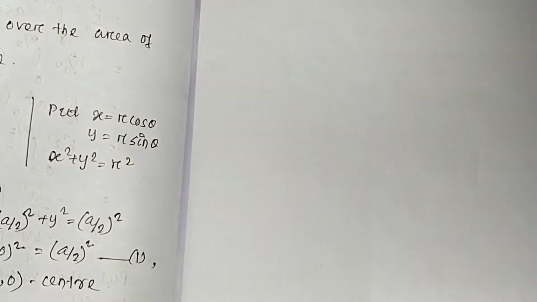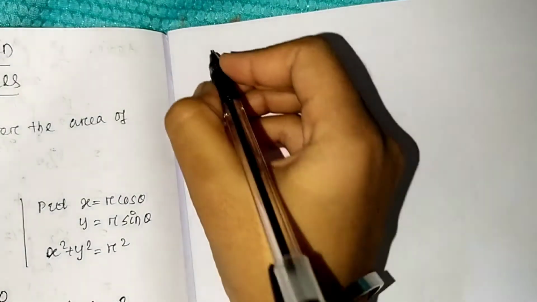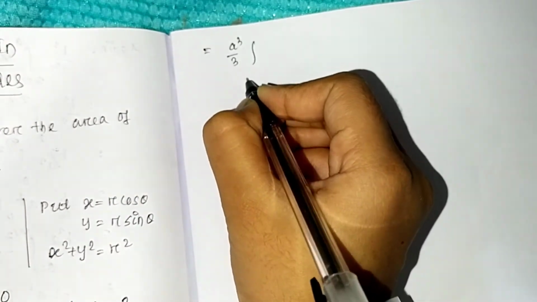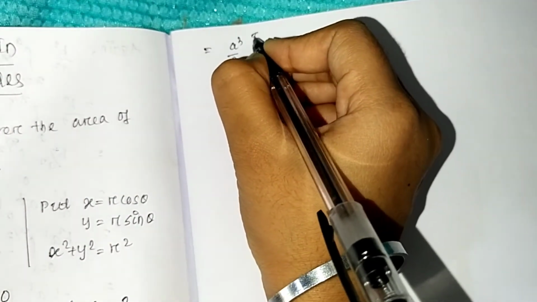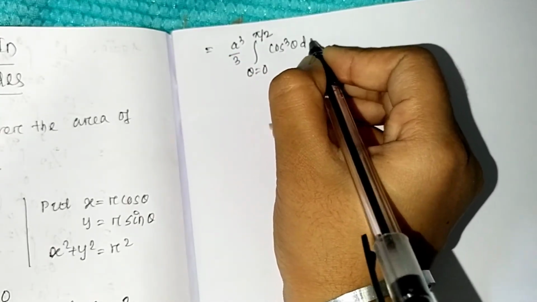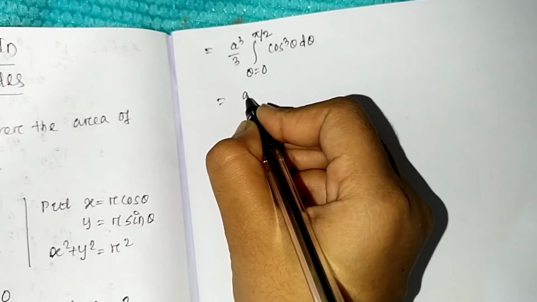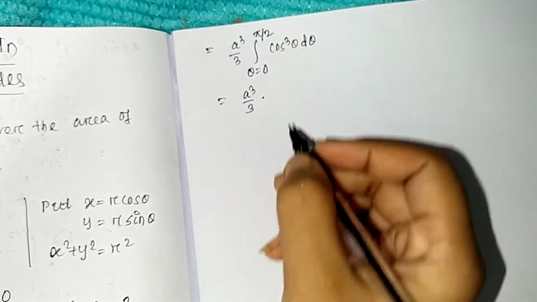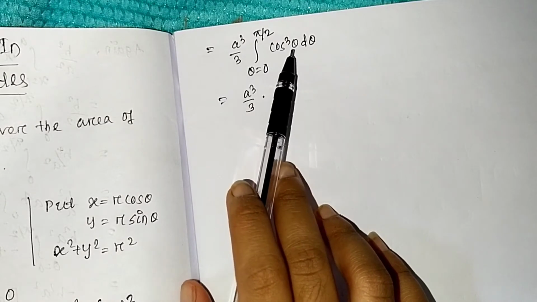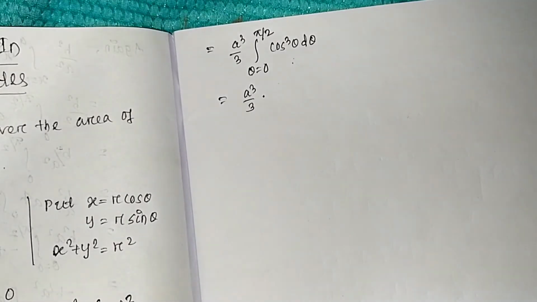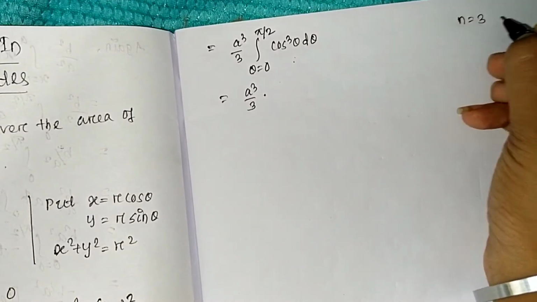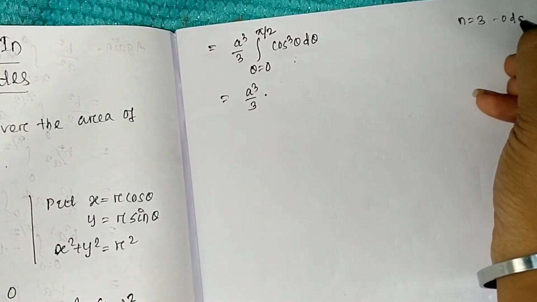So that equals a cube divided by 3, integration from 0 to pi by 2 of cos cube theta d theta. We put the reduction formula in this. For this, n equal to 3 and 3 is odd.